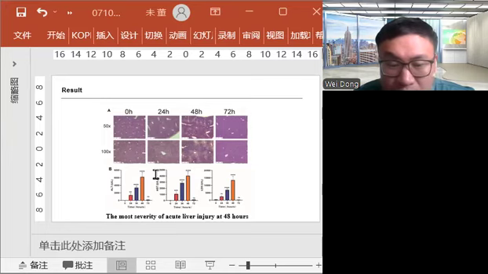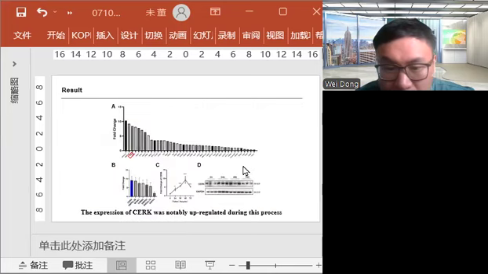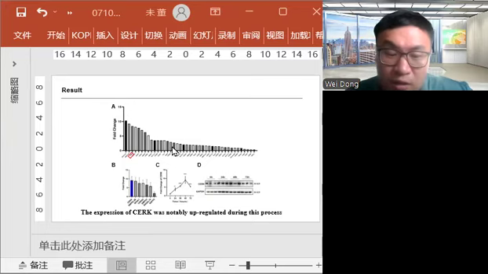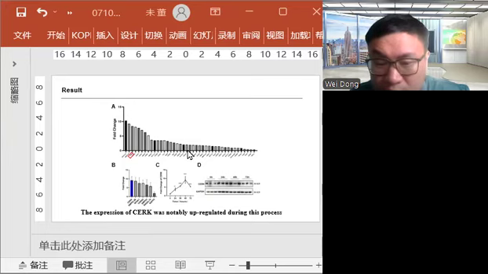We found that the severity peak reached after 48 hours, as evidenced by pathologic sections and liver enzyme indicators. Cellularly, PCR analysis of sphingolipid metabolism revealed a significant upregulation of CERK.